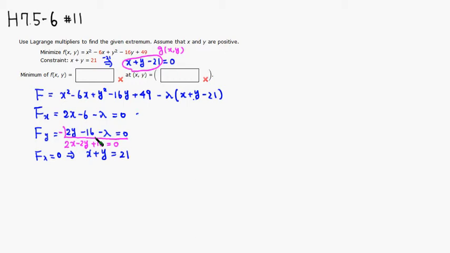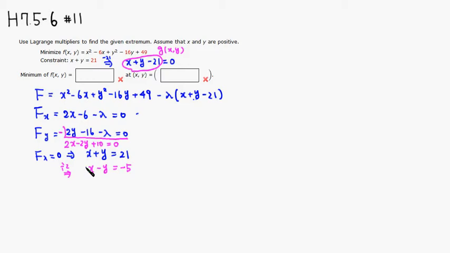Then we can divide through by 2, so that we get x minus y plus 5. I'm going to put it on the other side, so it's negative 5.